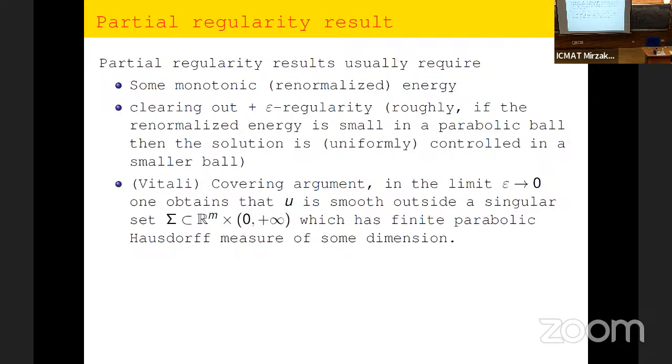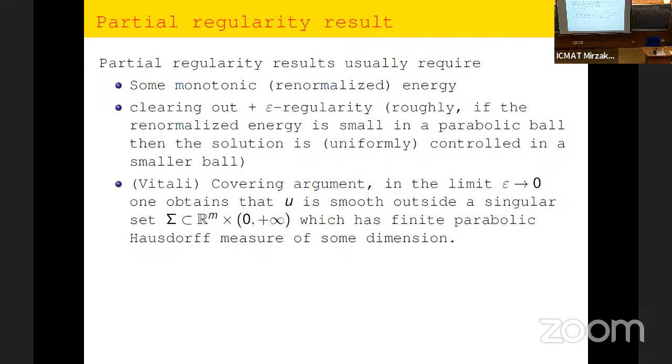Once you have identified this monotonic energy, the second step is to prove some epsilon regularity or clearing out result, which essentially means that in a small ball, if the energy is small, then maybe in a smaller ball you are smooth.